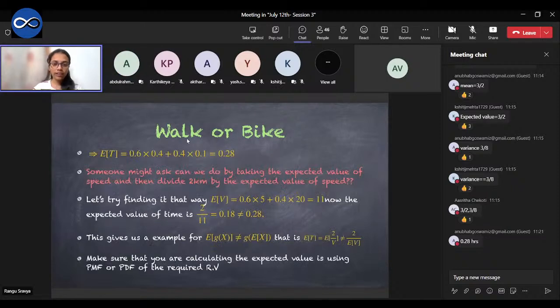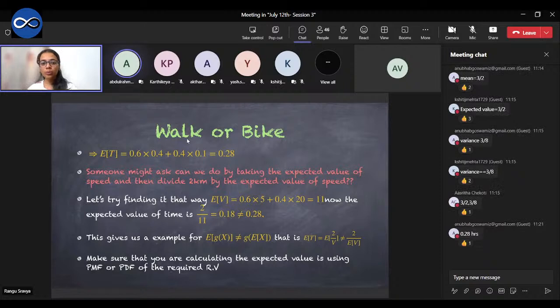Now let us calculate the expected value of time, which is again just applying the definition: 0.6, which is the probability, into time 0.4, plus again probability 0.4 into time 0.1, that will be 0.28. Someone might ask, can we do it by taking the expected value of speed and then divide 2 km by the expected value of speed?